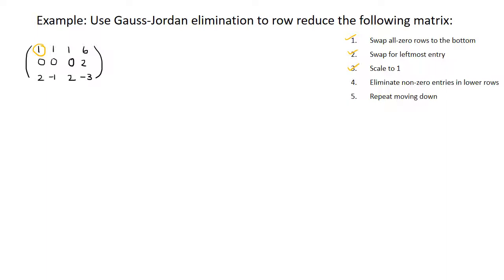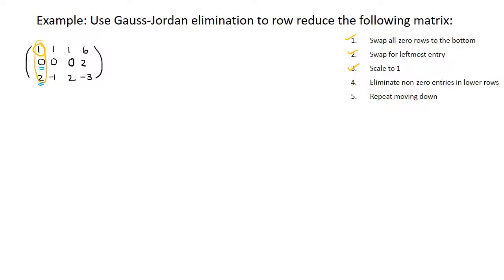So we are ready for step 4, which is our goal is to have all zeros in this column below 1. So we want to make everything below this entry equal to 0. Okay, so row 2 is already equal to 0 in this entry here.